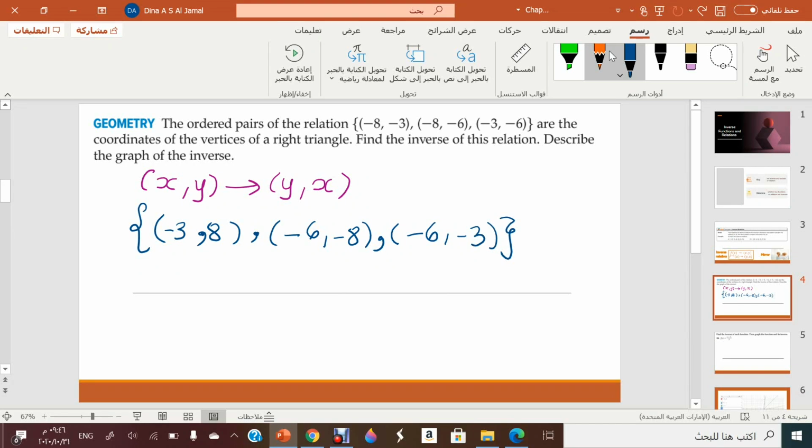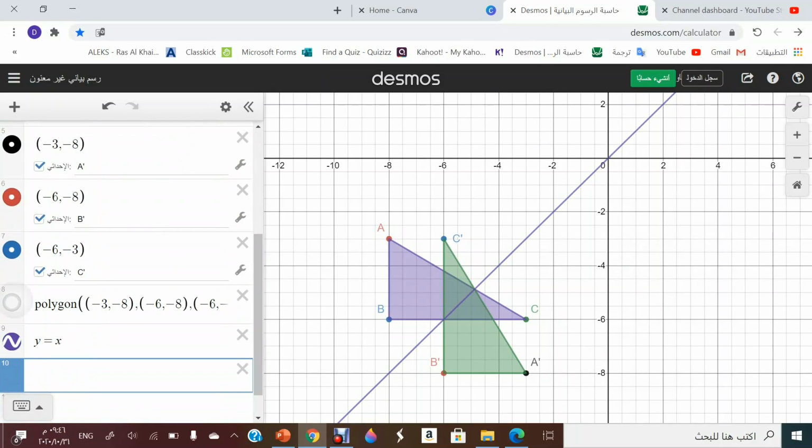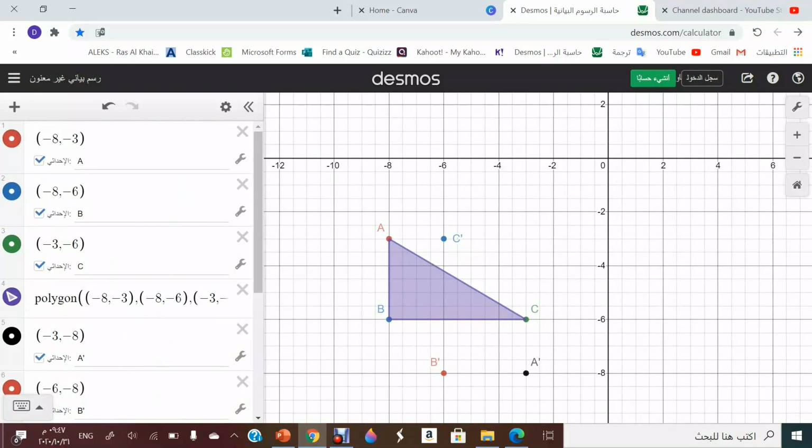So if you would like to graph it using Desmos, you can directly go to the ready graph that I have prepared for you. First of all, you will be plotting each point. So let me hide the other polygon for you. First, we will be graphing the first polygon by plotting the points and then graphing this polygon.